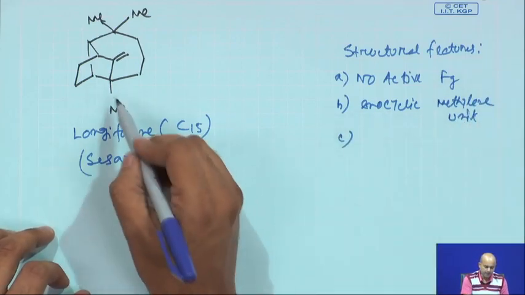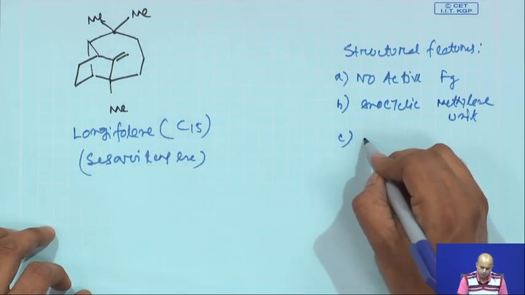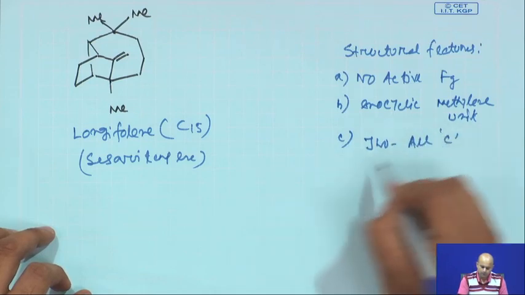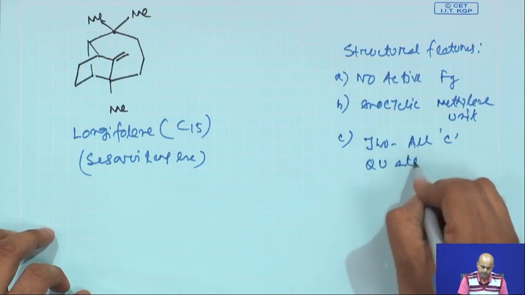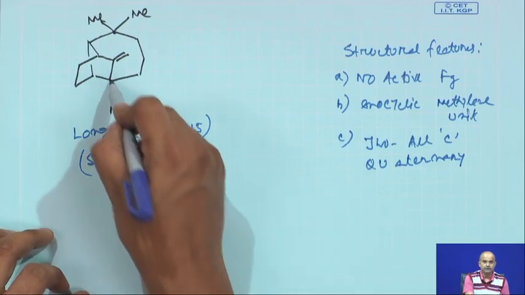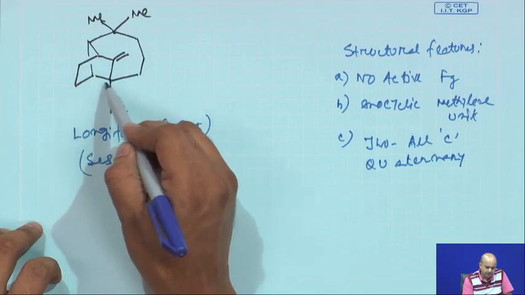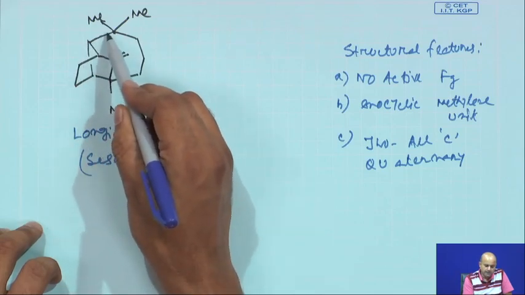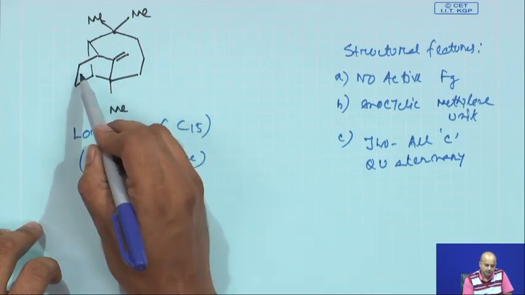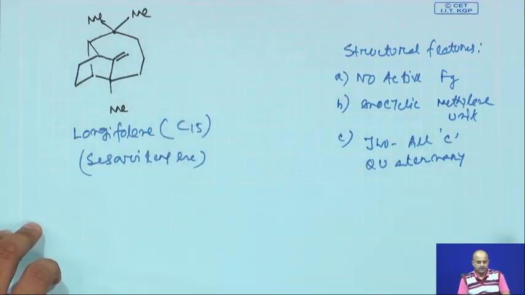Then it has 1 and 2 all-carbon quaternary carbons, meaning fully substituted carbon-containing centers. And then the topology is very interesting. You have a 6-member ring, and from the bridge it gives you another 7-member ring which is connected to this part. So, there is a bridged cyclohexane, and then from the bridge it was there.